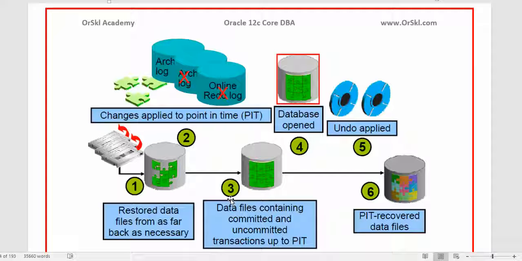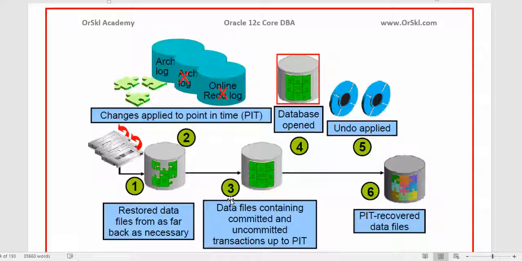Whenever you are doing a point in time recovery, you restore from the backup and do all the roll forward operations until 10:02 only, right? As I told, if the crash happened at 10:05, you only roll forward until 10:02. So you are limiting the number of transactions to roll forward also. Then you open the database, and then you perform a rollback.